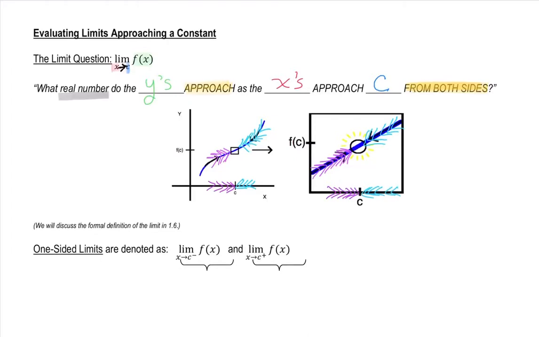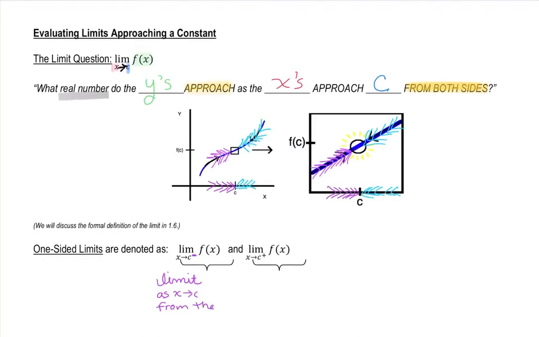Okay, so the notation for this. The limit as x is approaching C from the left gets denoted with this little minus sign, kind of in the location where you might see an exponent. In words, this is the limit as x, of course, is approaching C, but it is saying just from one side.